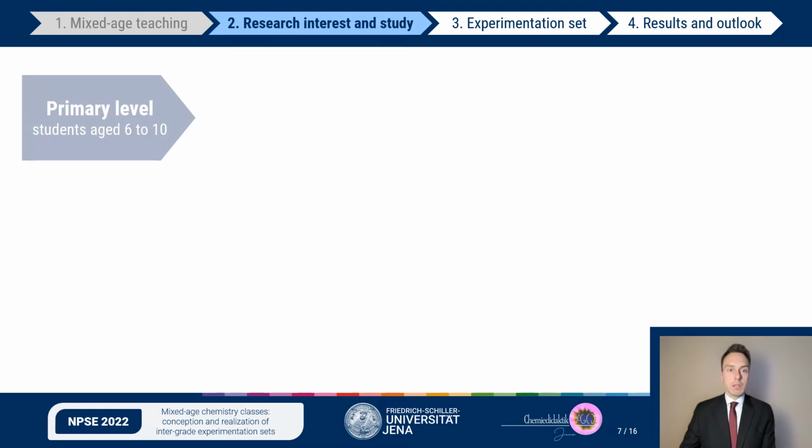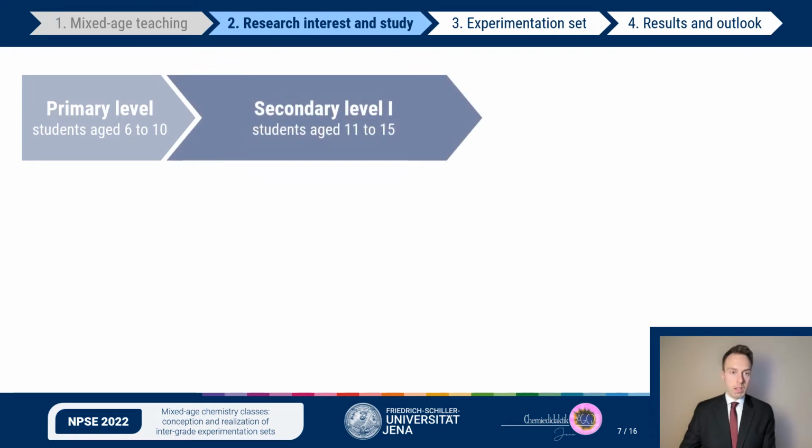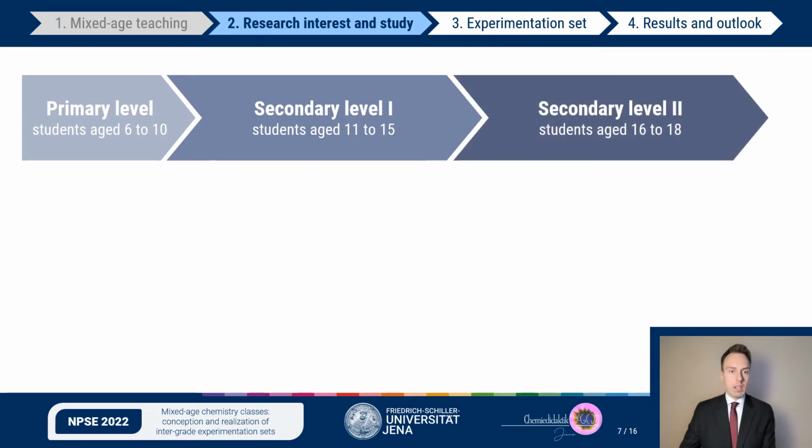A student's school career usually starts at the age of 6. From the age of 6 to 10, students are taught at primary schools. Then they move on to a secondary school form and thus to lower secondary school and the secondary level 1.